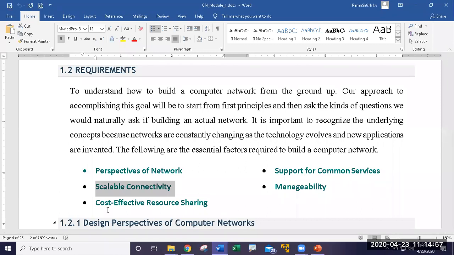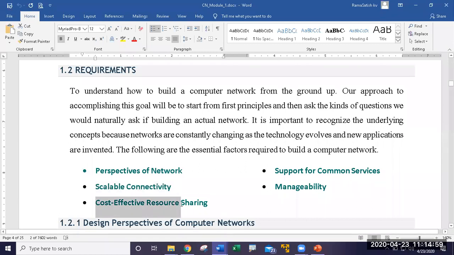Cost effectiveness. Network resources are there. If only one person is using them, they are not being used properly. If multiple people are using them and making full use of them, that is better.